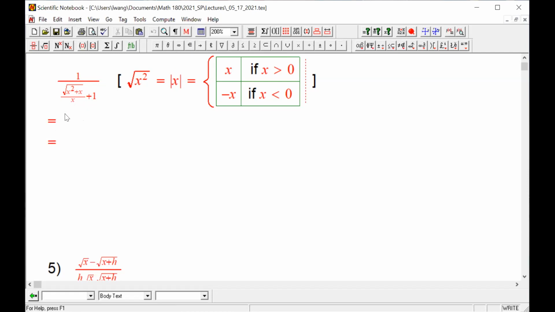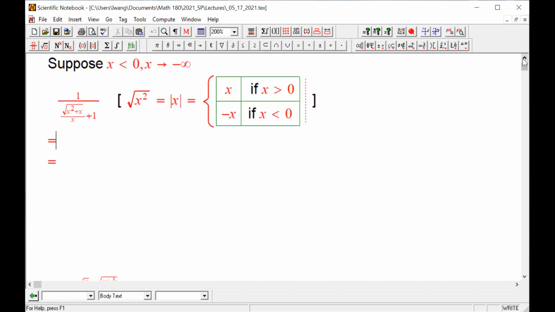Well, knowing x itself is negative, you're going to be using the other branch. But how do you use the other branch and still keep it equal? You will need a negative x.